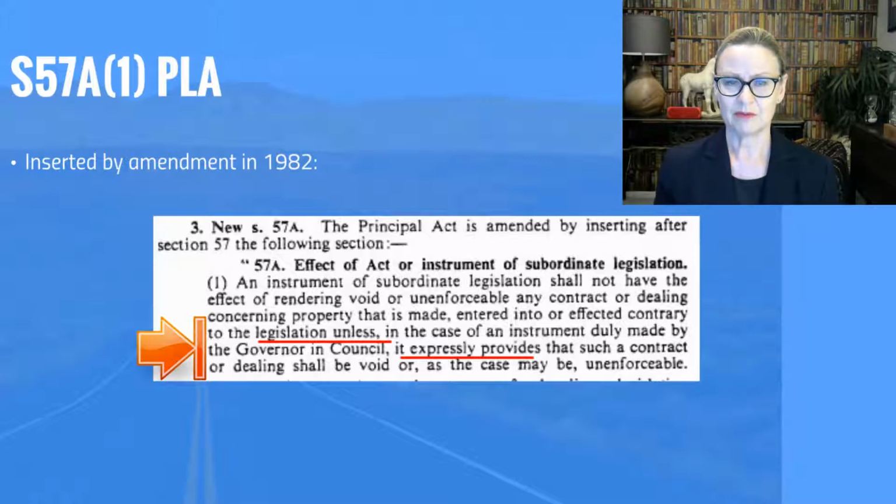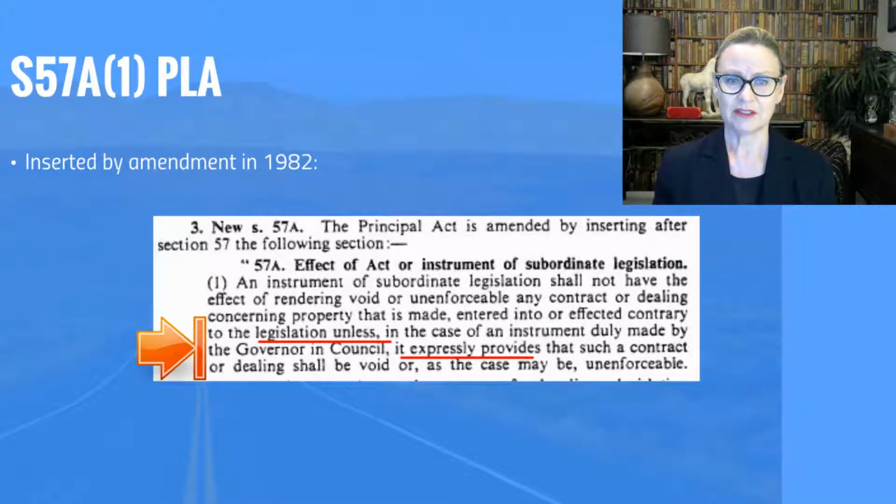To minimise that, the legislature thought the subordinate legislation is going to have to be pretty clear about its intent before contracts are rendered void or unenforceable. So they cleaned it up a little bit here, tried to make things a little bit more clear.